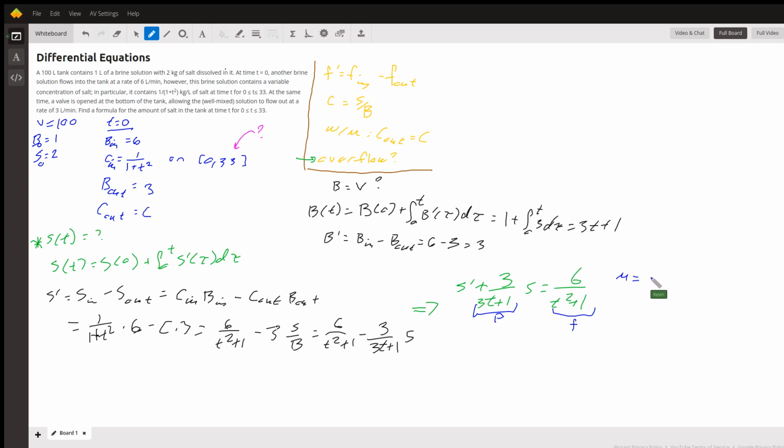Maybe you use mu, maybe you use sigma, but this is equal to e to the integral of P, and then S is equal to 1 over mu times the integral of mu times F. And if you have a habit of forgetting the C, you can put it here right now. And that will get you your answer there. If you just plug in 0 for T, then you should get C equals 1/3.